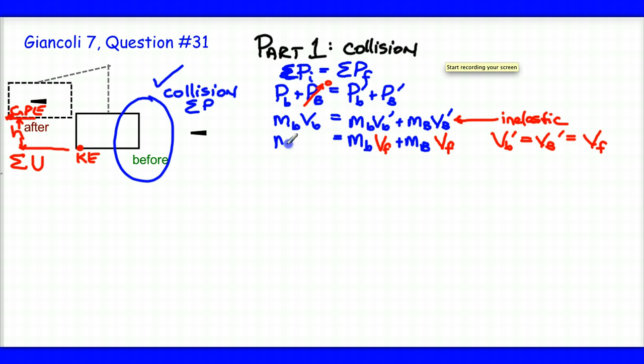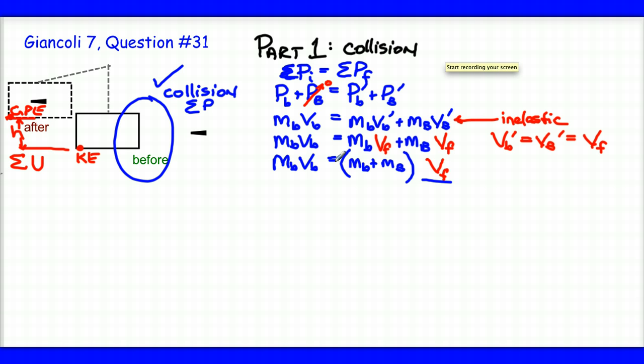So that gives me the mass of the bullet plus the mass of the block times VF. Nothing has changed on the left-hand side. And on the right-hand side, I can factor out VF. And so I now have the mass of the bullet plus the mass of the block, or the total mass of the system, times my final velocity equal to the mass of the bullet times the velocity of the bullet before the collision.